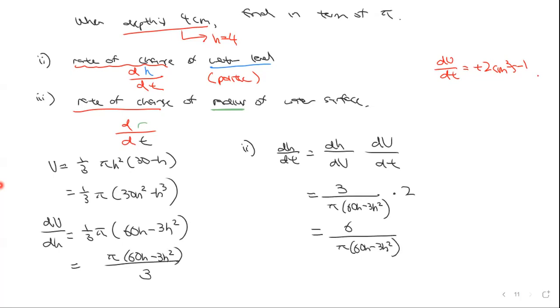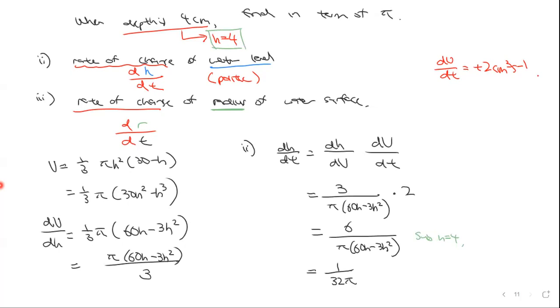But the question is asking us to find it for h equals 4. So we sub h equals 4, and we're going to get 6 over pi, times 1 over 32, giving 1 over 32 pi.